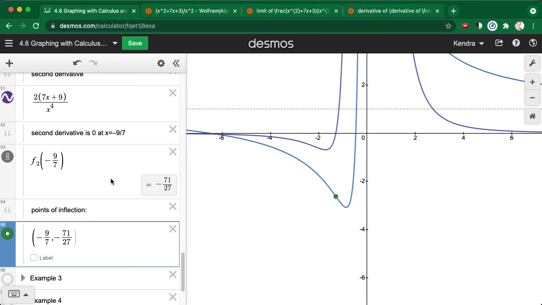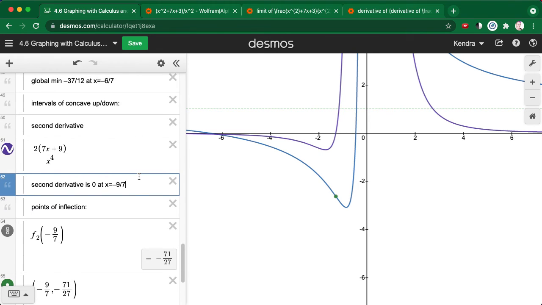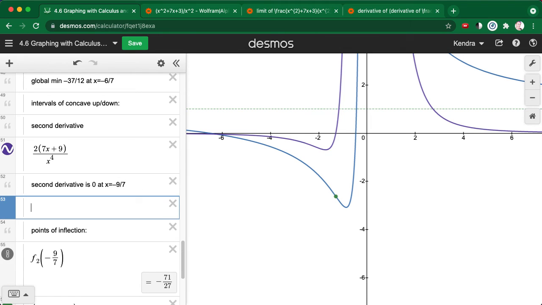I'm going to put that under here. So the second derivative is negative for x to the left of negative 9/7, so f2 is concave down for x less than negative 9/7.